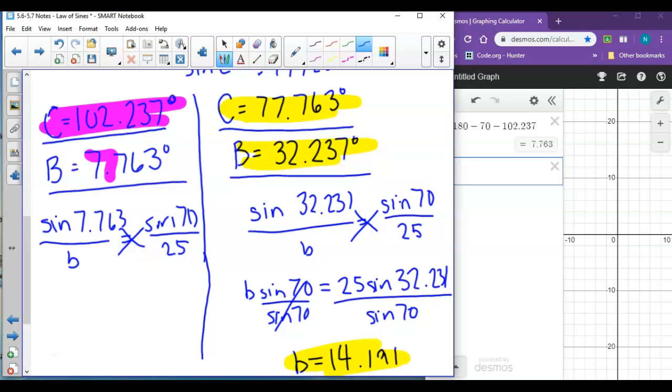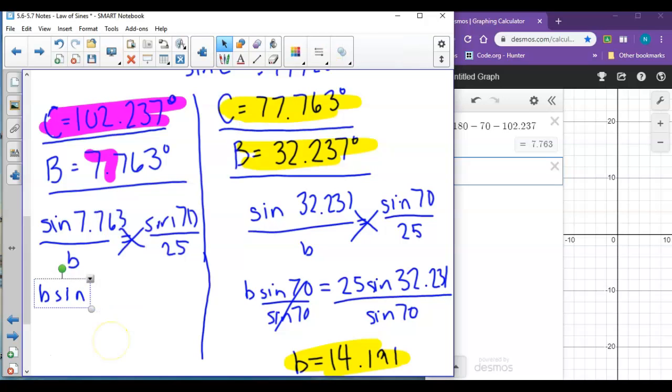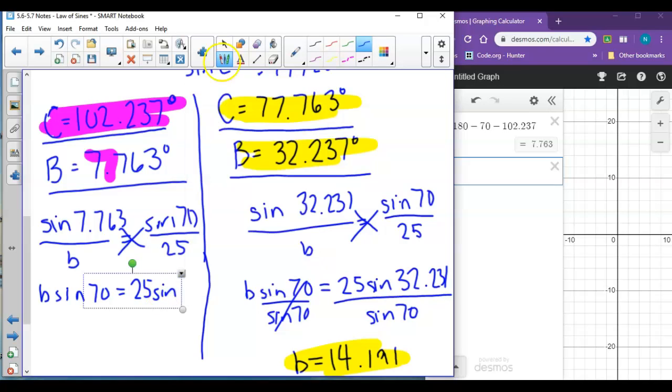And we could cross multiply, so B sine 70 is going to equal 25 sine 7.763. We'll divide both sides by sine 70.